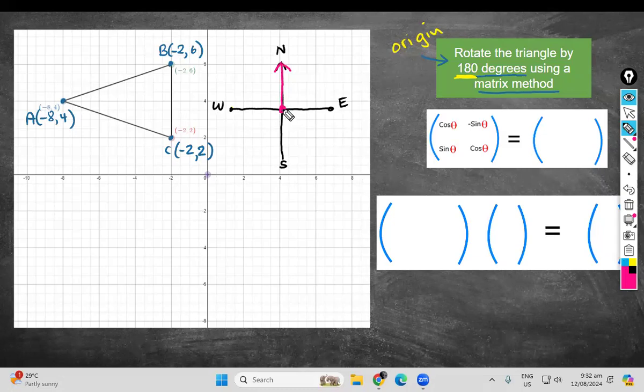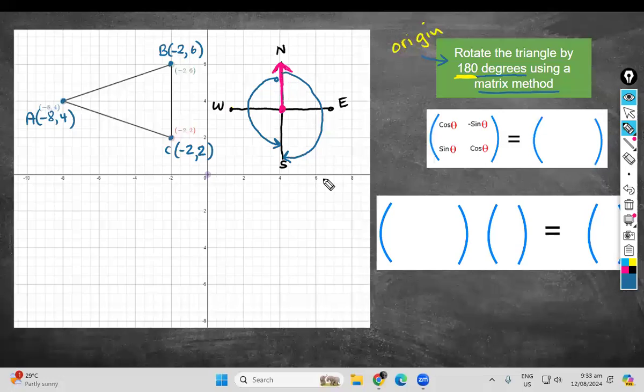If I tell this pink line to rotate 180 degrees clockwise, won't it end up by the south? Pretend it's rotating like the hand of a clock. Won't it end up south? But if I ask the same pink line to rotate 180 degrees anti-clockwise, won't it also end up in south?